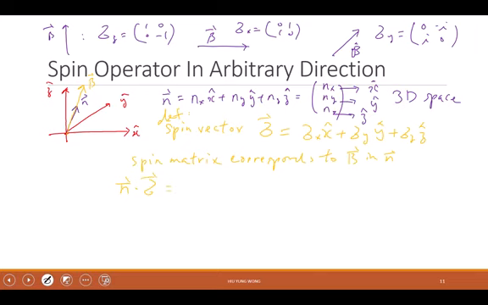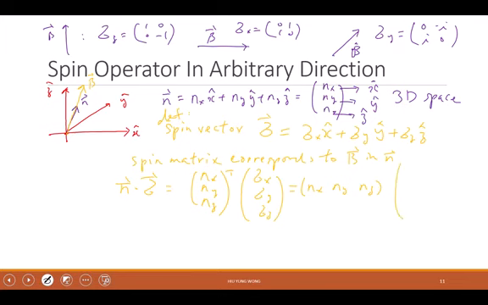What is n? It is nx, ny, nz, right? But because we're doing the inner product, I need to do a transpose. And then what is the sigma vector? It is nothing but sigma x, sigma y, sigma z. Okay? So this is equal to nx, ny, nz after transpose.